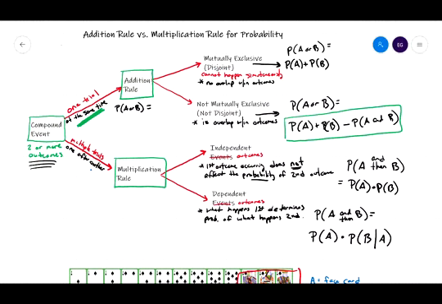And so here's the general multiplication rule. And so for independent events, the probability of B given A, well, A doesn't affect B, so that's just equal to the probability of B. Okay, that about does it for this video.